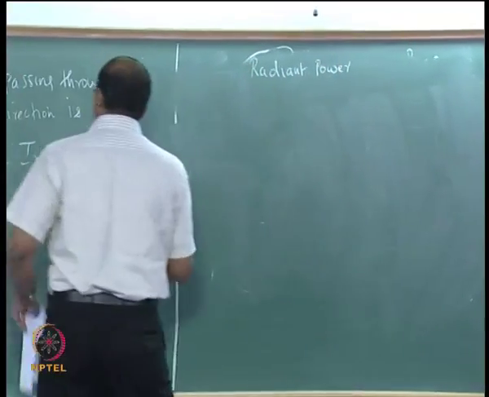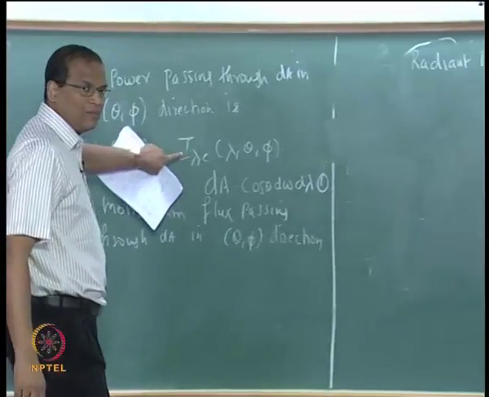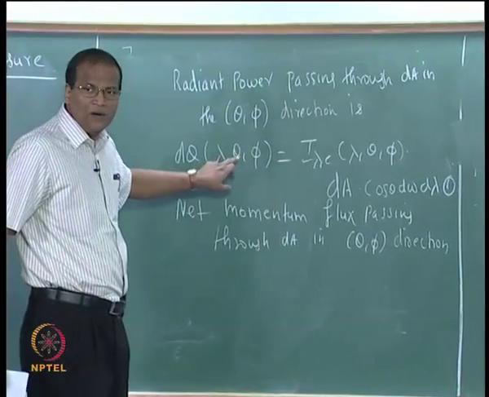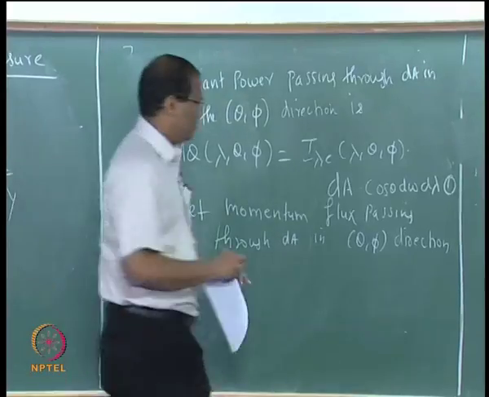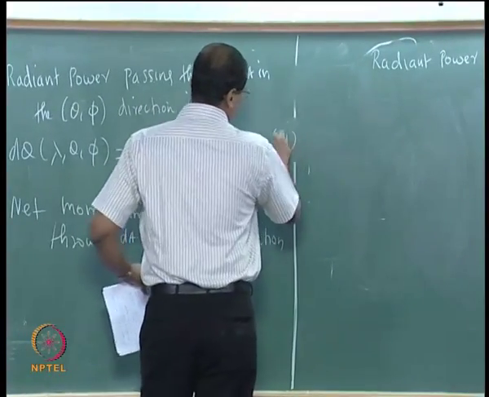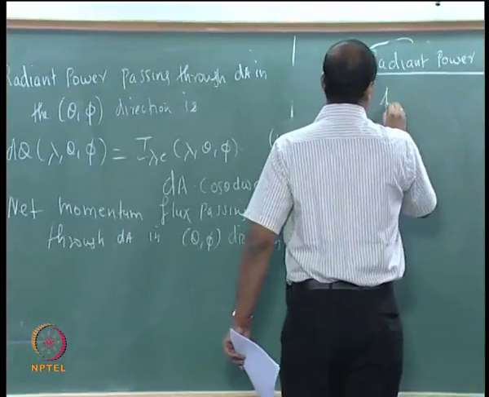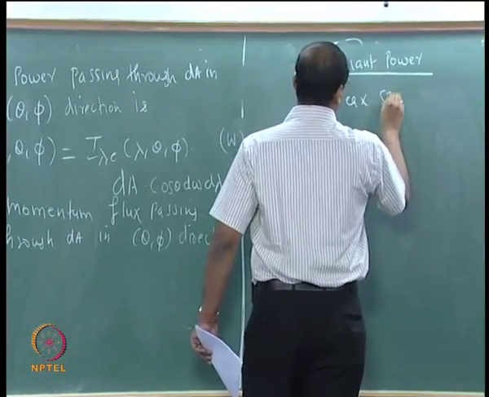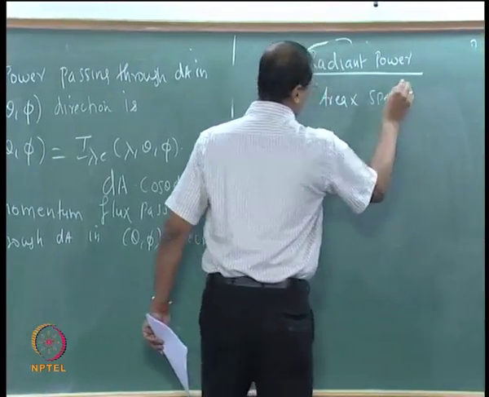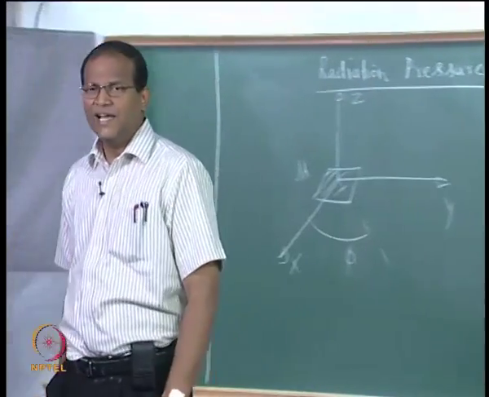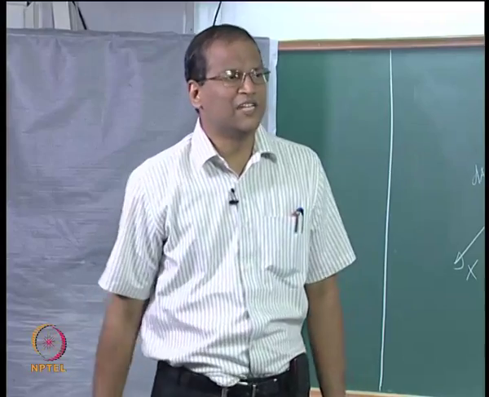What are the units of the radiant power? Watts, no problem, right? What are the units of this? Area is dA, speed is the speed at which radiation propagates.